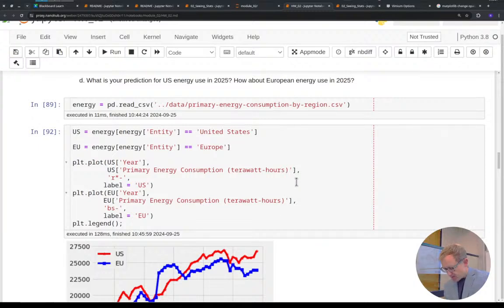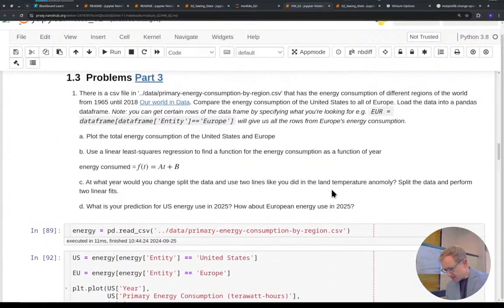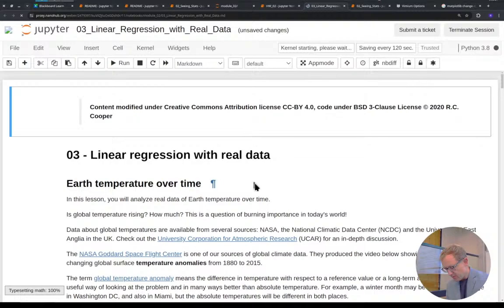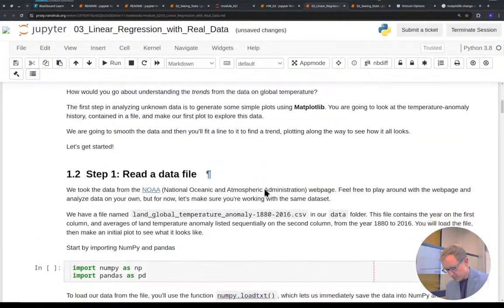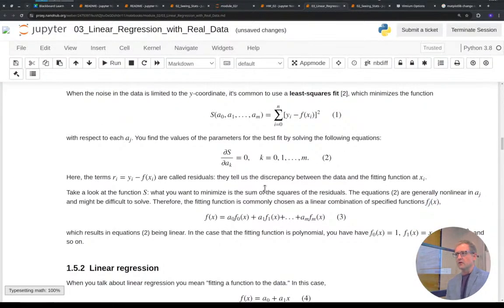But the first question is, if we squint and say energy use is a straight line, then what is that line? What's the best line to put through this data? There are different ways you can go about that. If you look at the part 3 reading, it goes into more depth on how linear regression for straight line approximations works.